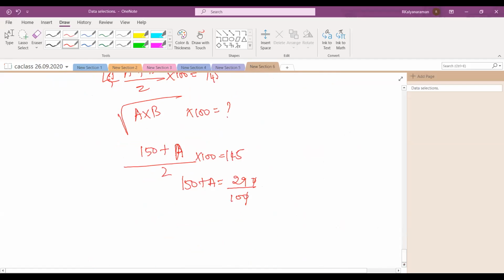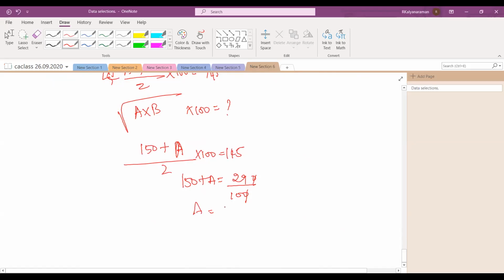So using this, we can calculate A. So this is 2.9 minus 150. We are doing some mistake.